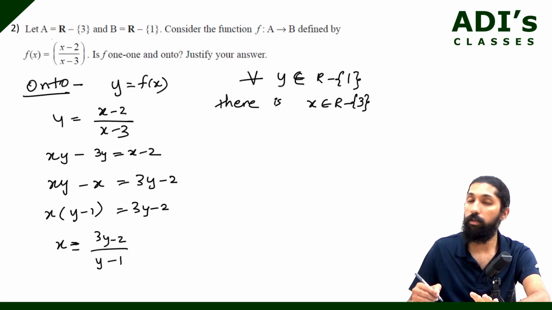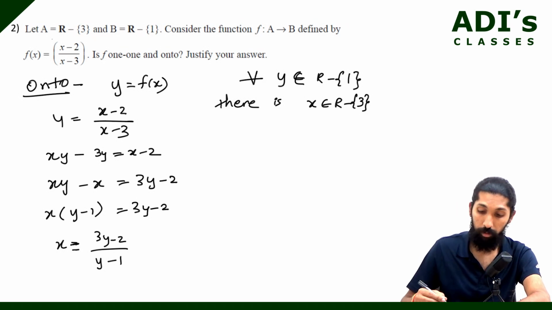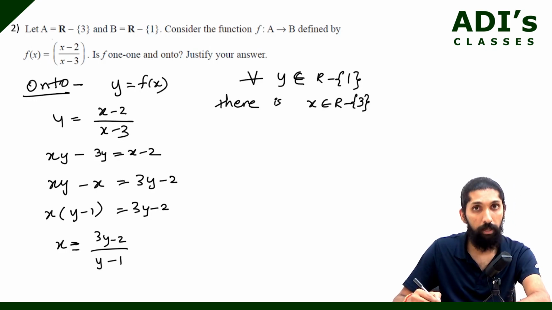Any value you take, this is what we have. So that means f is both 1 to 1 and f is onto.